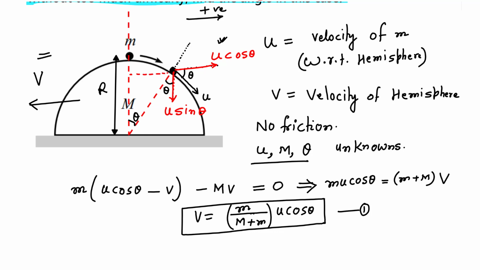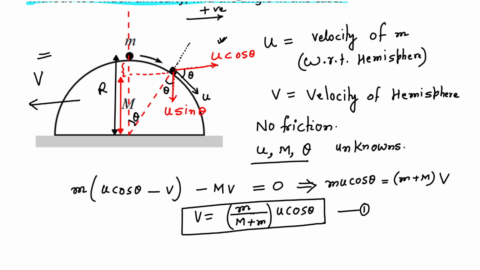This length will be r minus r cos theta. You can verify yourself. From here to here, this length will be r cos theta.